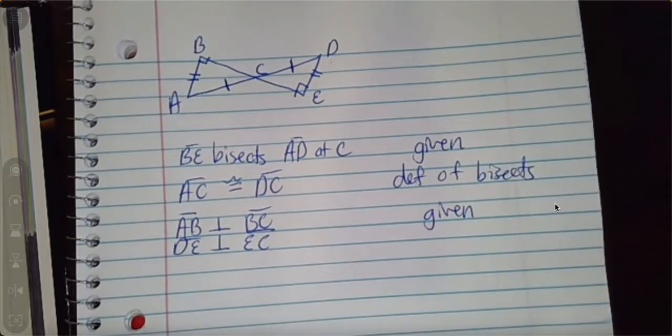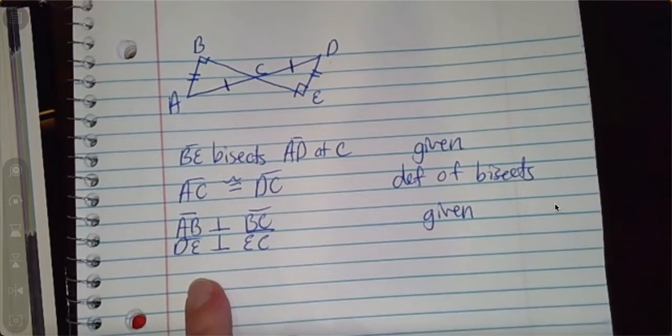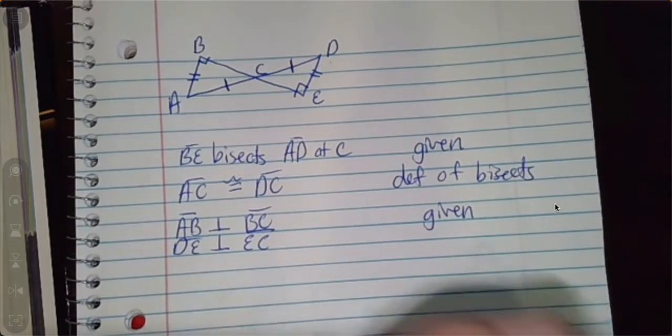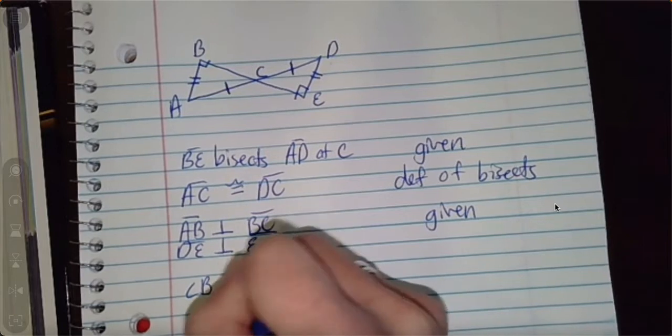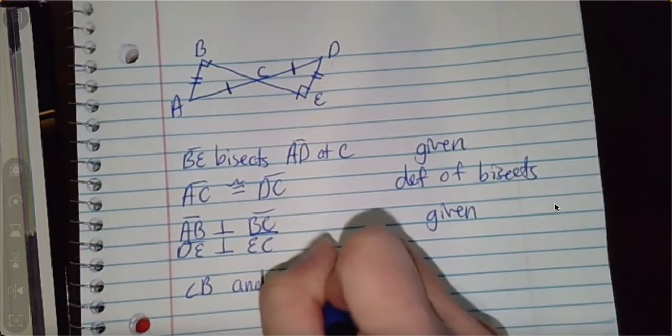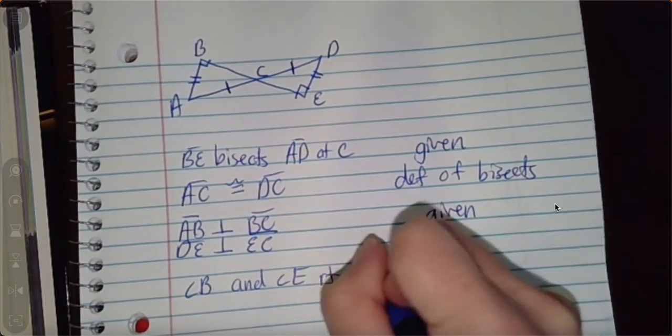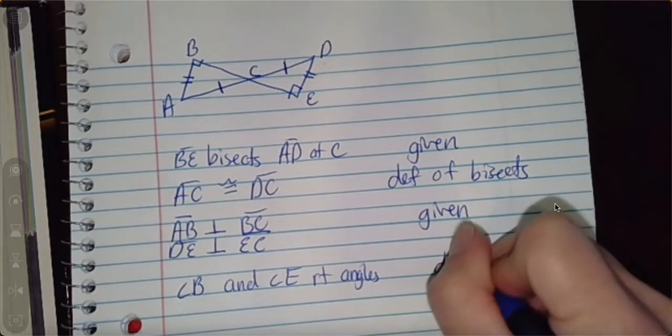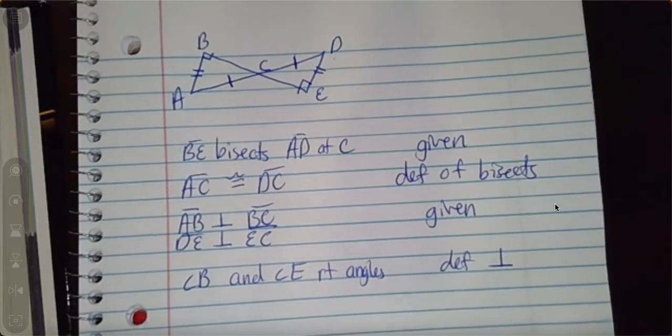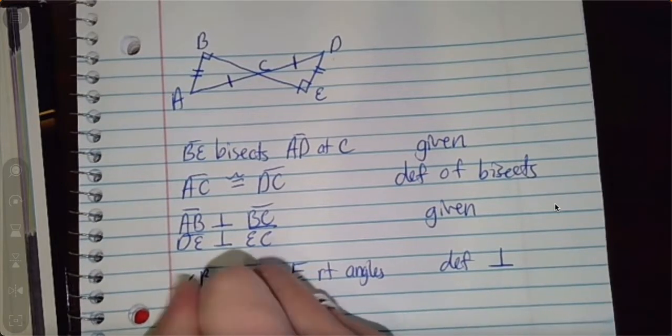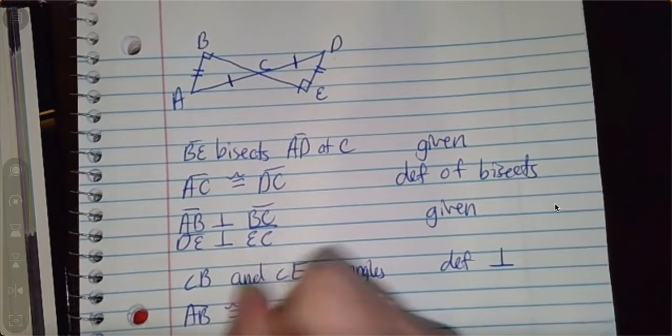If that's perpendicular, they are what kind of angles? Right angles. Perpendicular means that they're right angles. So you can say angle B and angle E are right angles because of the definition of perpendicular. And then they tell me that AB is congruent to DE.